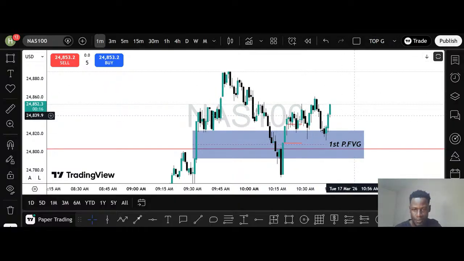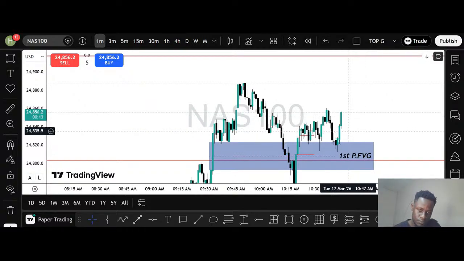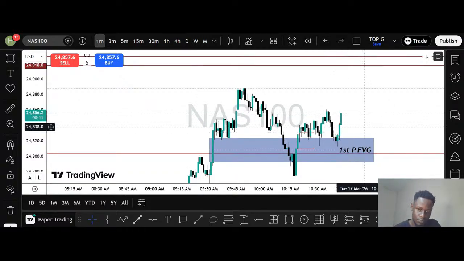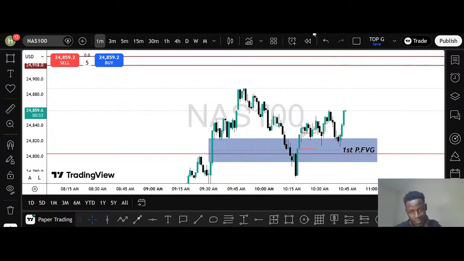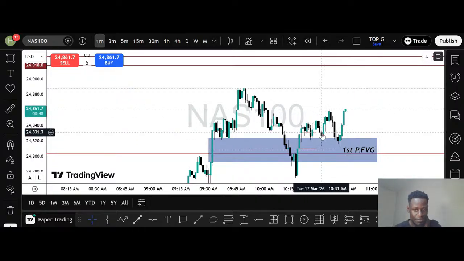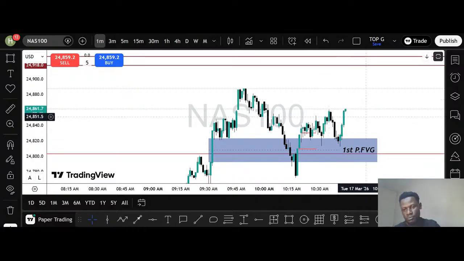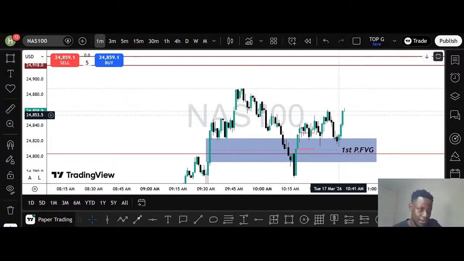Oh boy. Okay, so this is the speed that I really wanted to see, but it all happened. So breakaway gap. These are the gap.